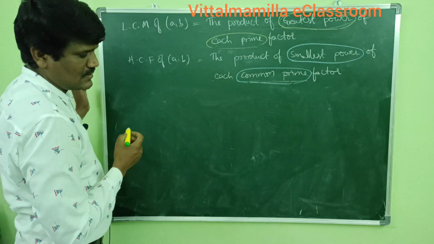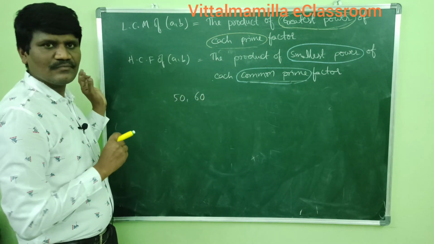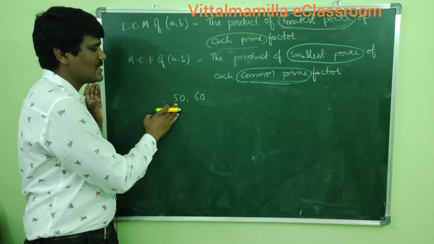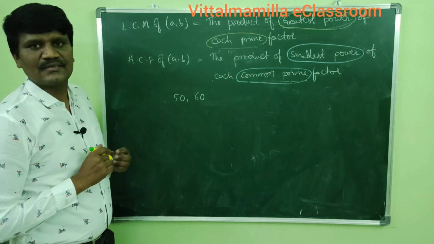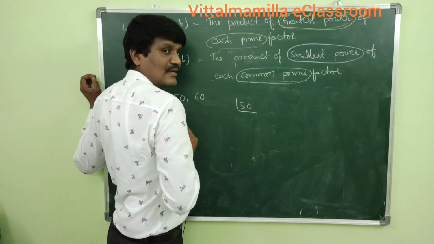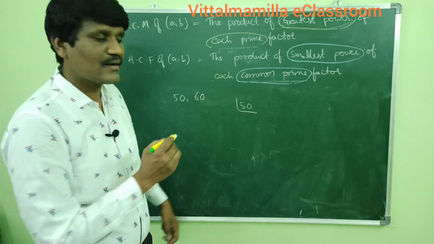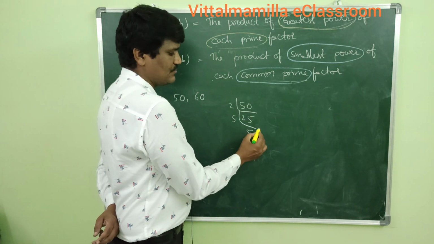Let us consider 50 and 60. Find the LCM and HCF of 50 and 60 using the prime factorization method. So first what you should do: 50's prime factorization starts with 2 fives, then 5 fives.